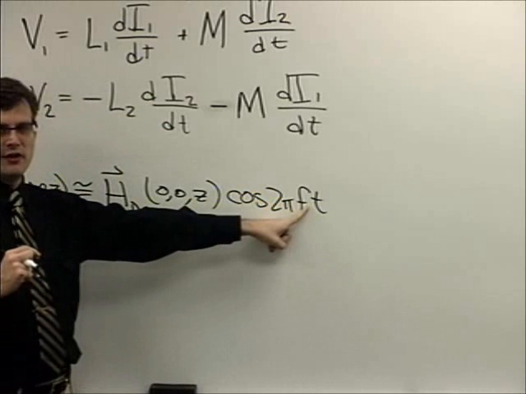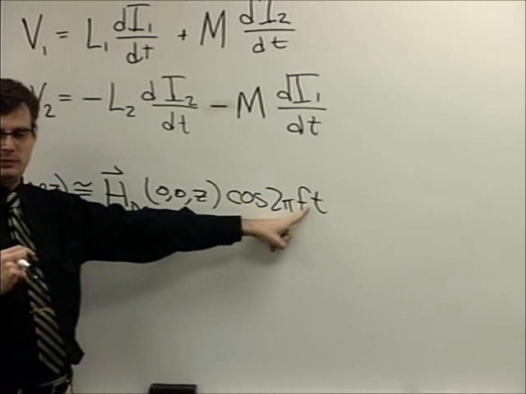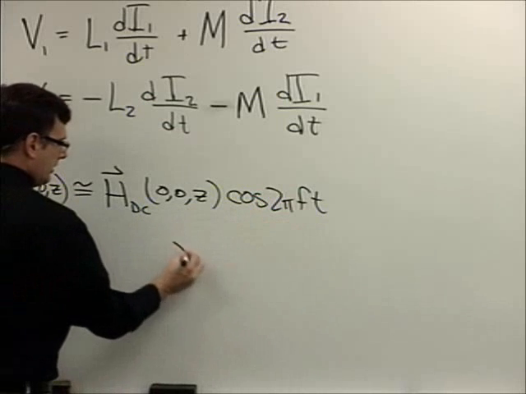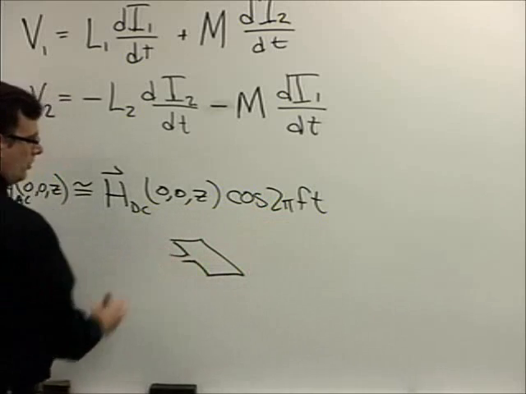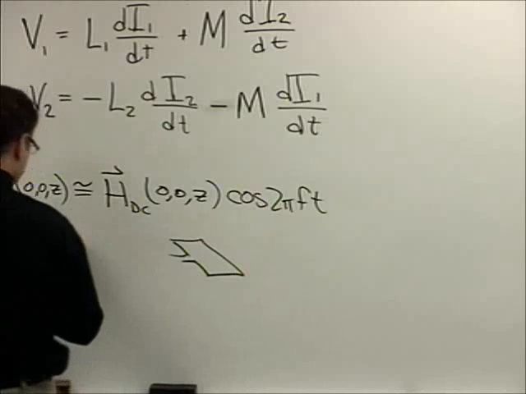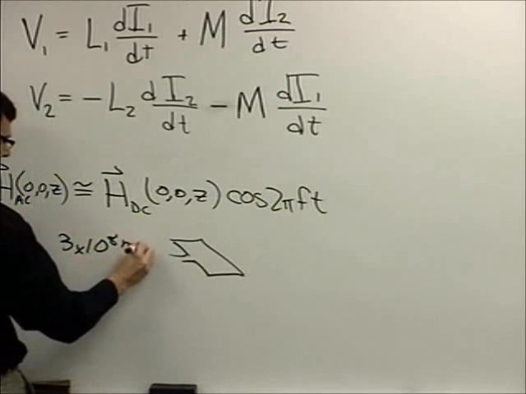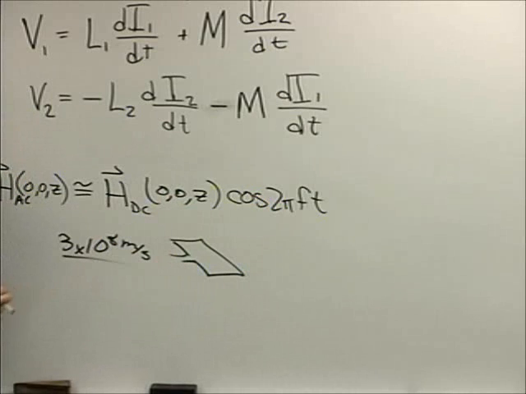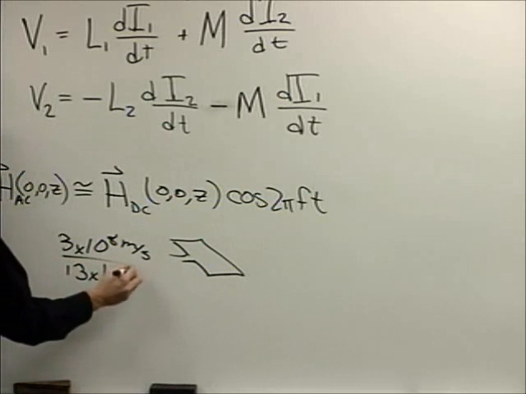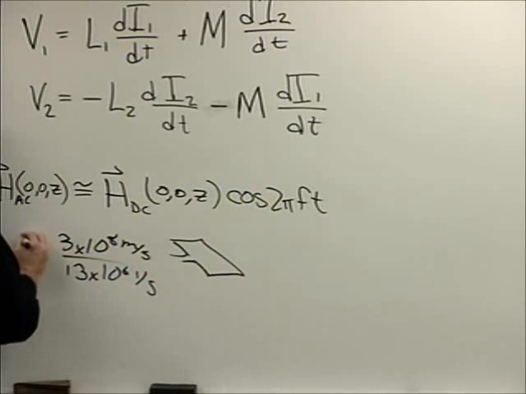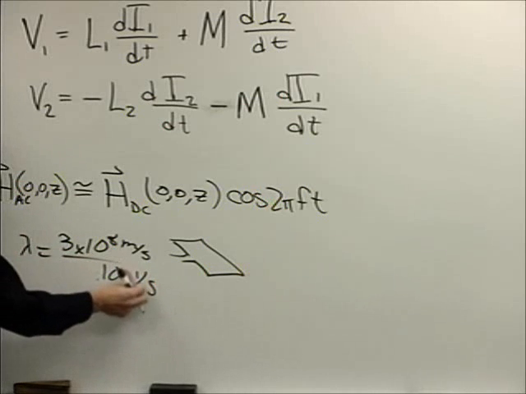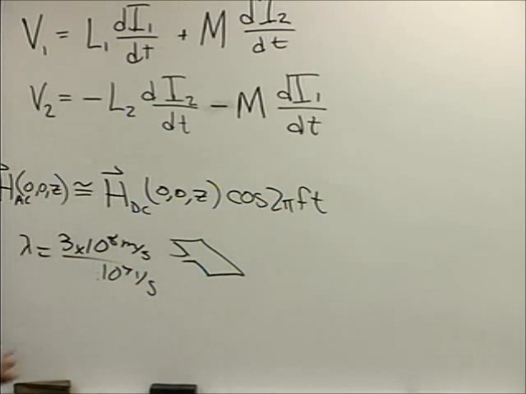And when I say it is low, that means the wavelength in free space corresponding to that frequency is very large compared to the structure of the coil. So let's do a quick order of magnitude calculation. Speed of light is 3 times 10 to the 8th meters per second. We said that these systems, like the MARTA tag, are operating at 13 megahertz, 13 times 10 to the 6th per second. What's the wavelength? Well, I'm going to cheat. I'm going to call this 10 to the 7th. So I don't like math. 30 meters.